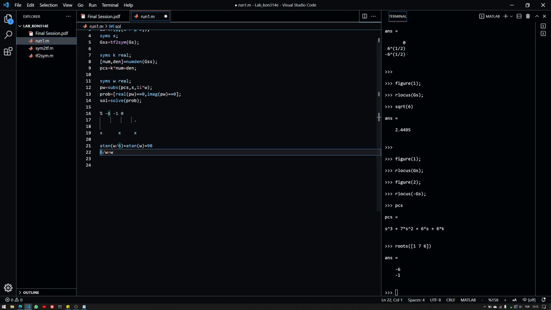Now, from this equation, of course, we can conclude that 6 equals omega squared, which was already the omega value that we were looking for.